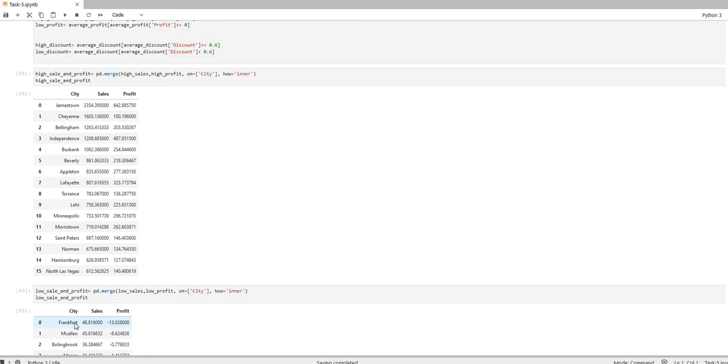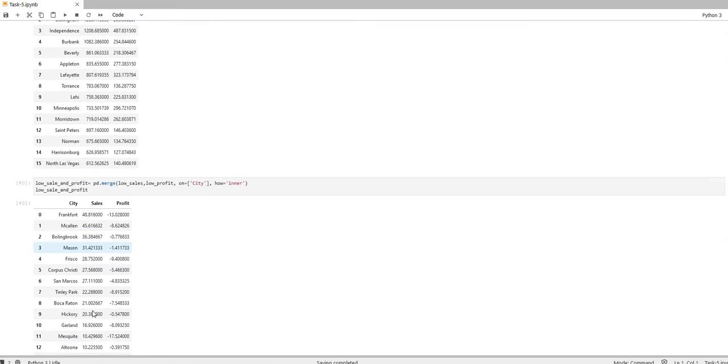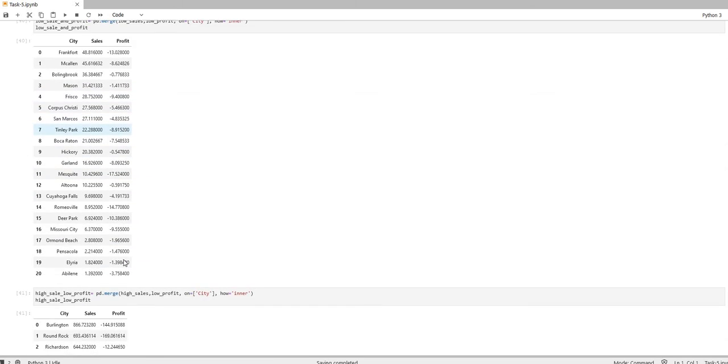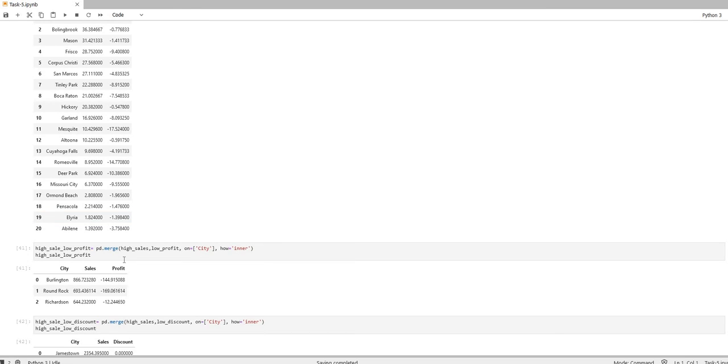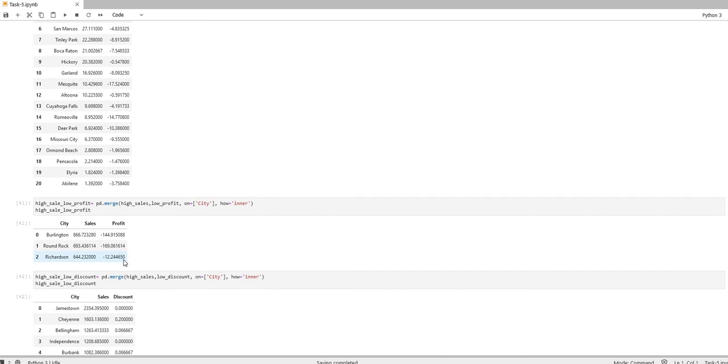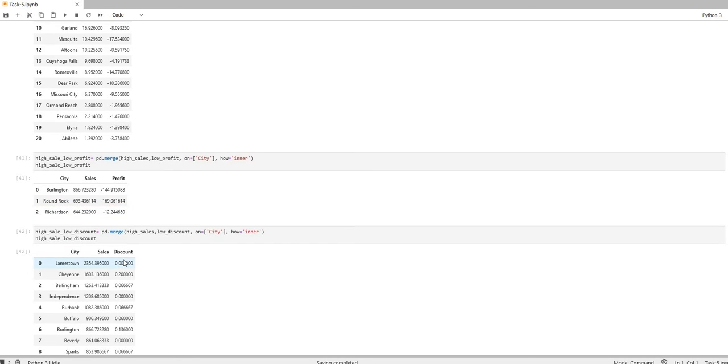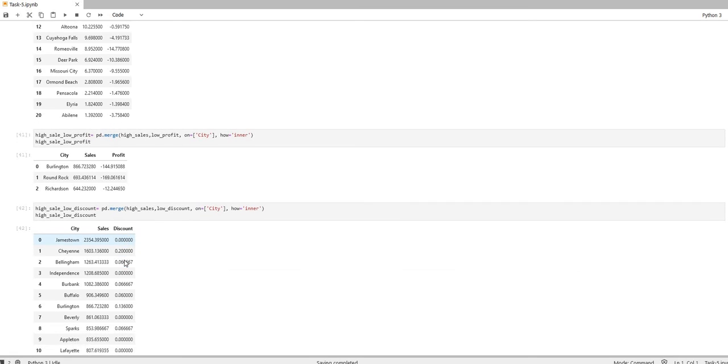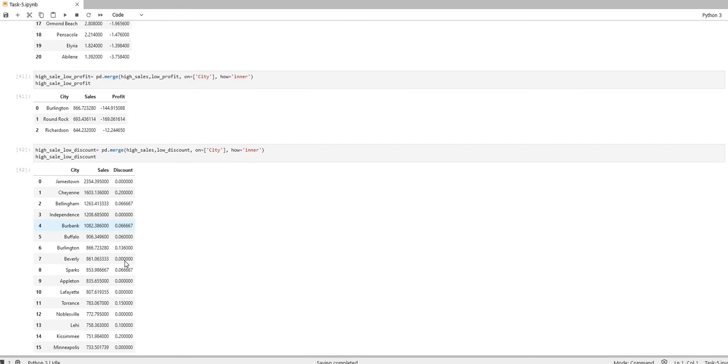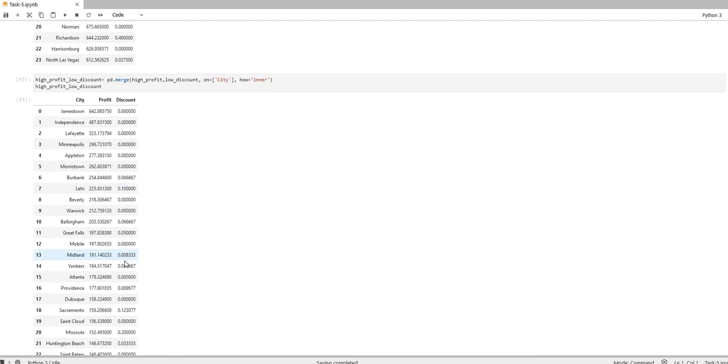Frankfurt has low sales and low profit on average. Next up comes low profit and low sales, high sales and low profit, high sales and low discount, high profit and low discount, respectively.